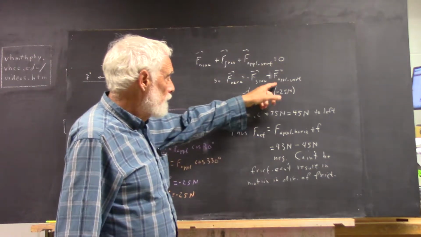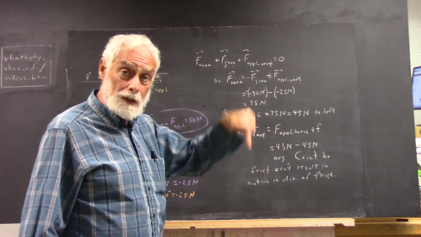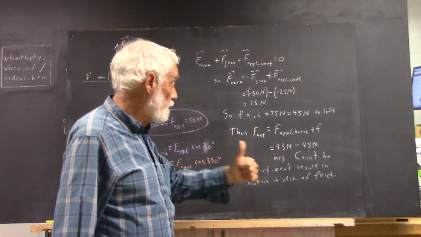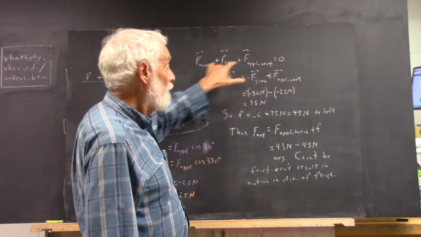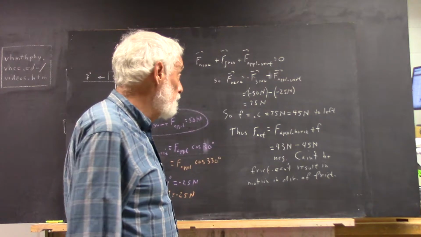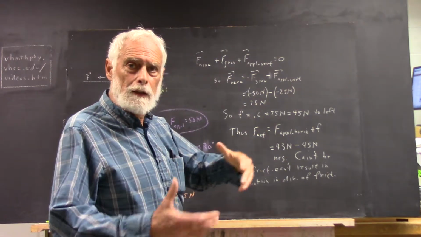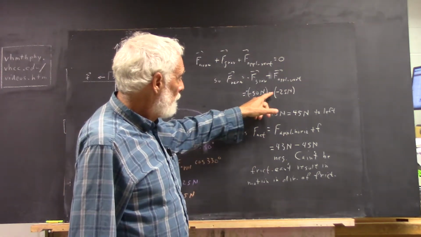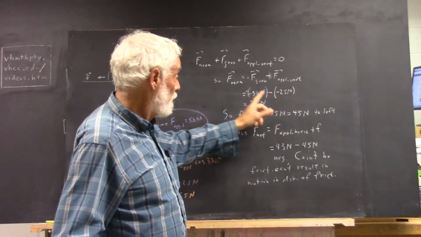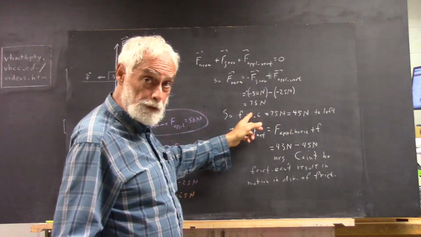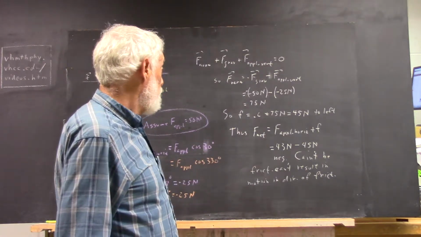But we have this applied vertical force, which is a negative 25 newton force in the vertical direction. And we do minus that because, you know, when we move these things over to this side, they become negative, don't they? Or we get the negative of whatever they are. We have a minus of the negative 25 newtons. That's plus 25 newtons. We have 50 newtons here, 25 here, adds up to 75 newtons.